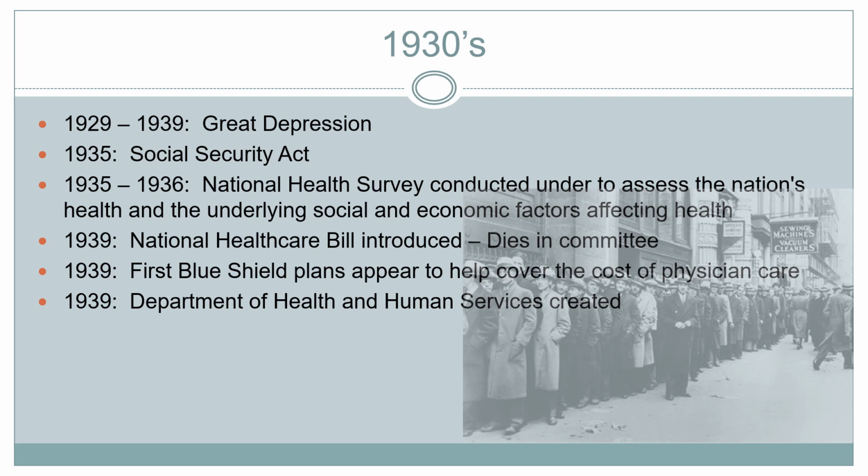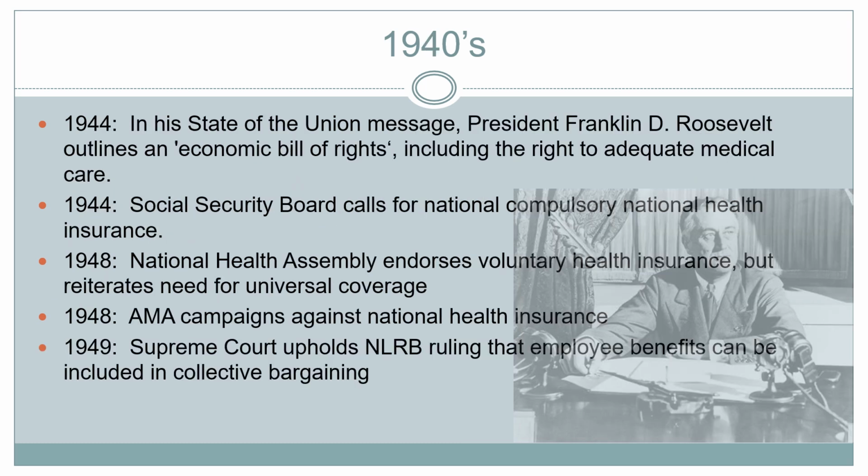And then the first Blue Shield plan started to appear at around the same time. And the Department of Health and Human Services was created in 1939 during the middle of the Roosevelt administration. In the 1940s, you had President Franklin Roosevelt outlining an economic Bill of Rights, including a right to adequate medical care.